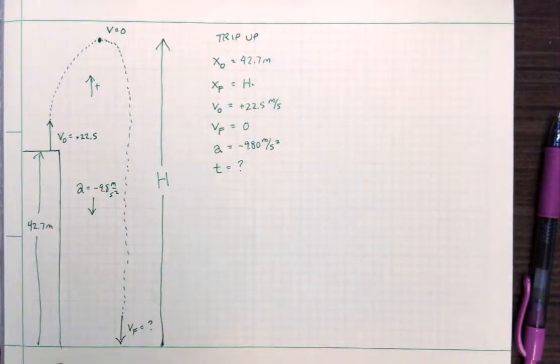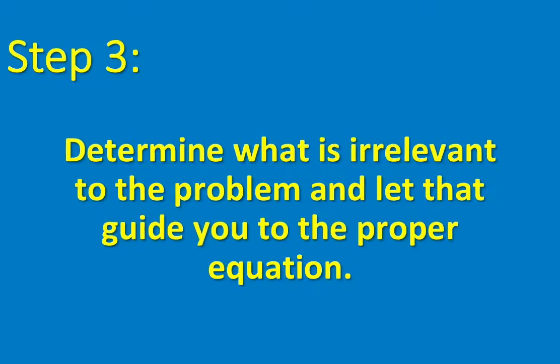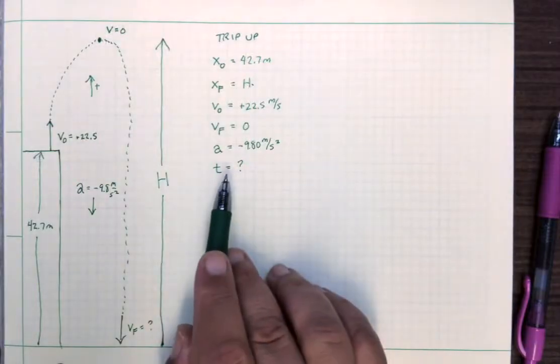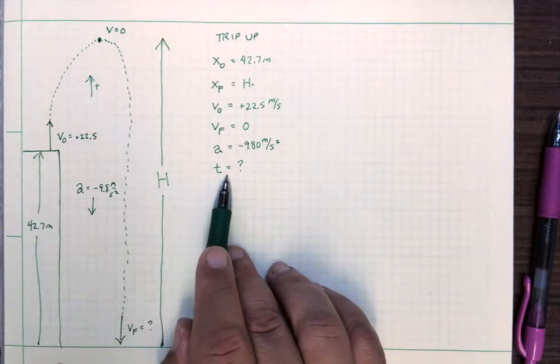Now, there are 2 ways to solve this problem, and both of them hinge on the third step in the process, which is to determine what is irrelevant to the problem, and then use that to guide you to the proper equation. In this case, what is irrelevant to the problem, if we wish to solve it in one step, is time.